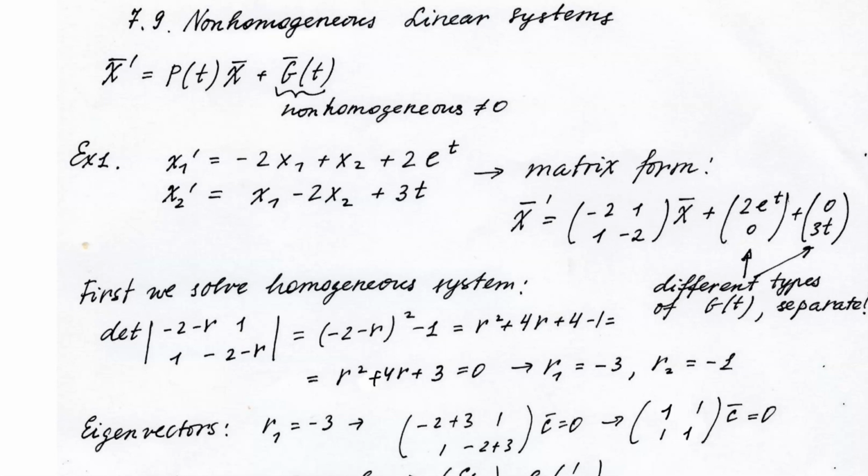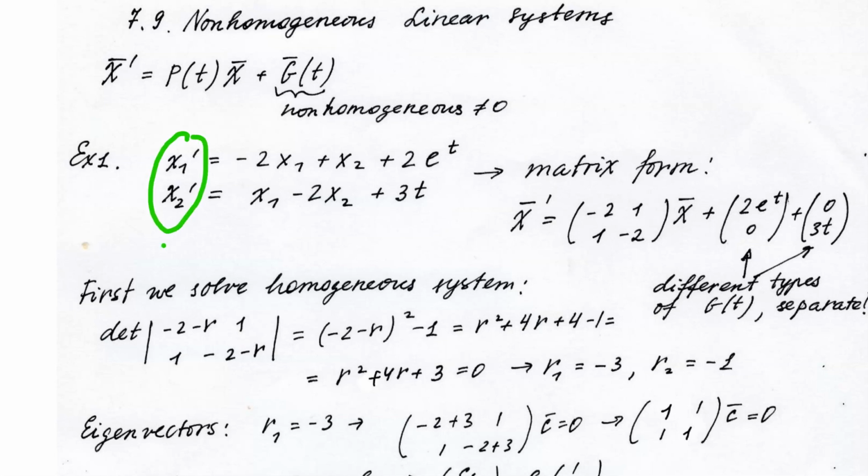And let's consider an example. I'm using the system x1 prime equals minus 2x1 plus x2 plus 2 e to the power of t, and x2 prime equals x1 minus 2x2 plus 3t. I'm going to write it in the standard form. So first, this one is going to make up the vector of derivatives, right?